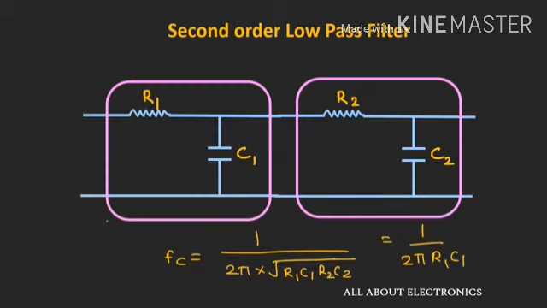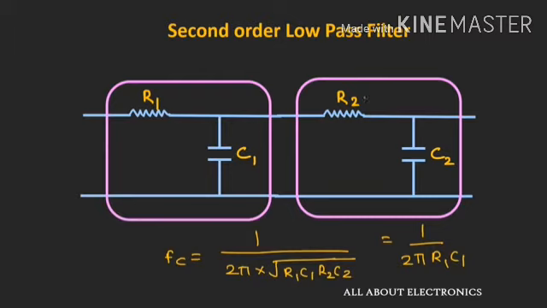But designing this higher order filter is not as simple as it looks. Suppose you are designing the second order low pass filter by cascading two first order low pass filters. You should make sure that the second stage of this low pass filter does not get loaded by the first stage. To minimize this loading effect, you should choose the values of R2 and C2 in such a way that the impact of the first stage is minimized.